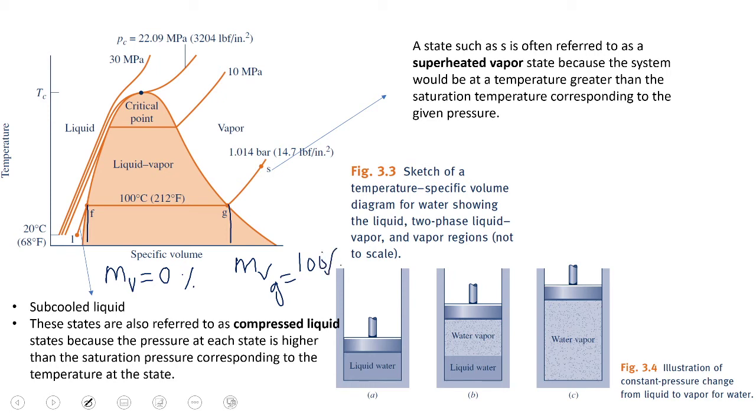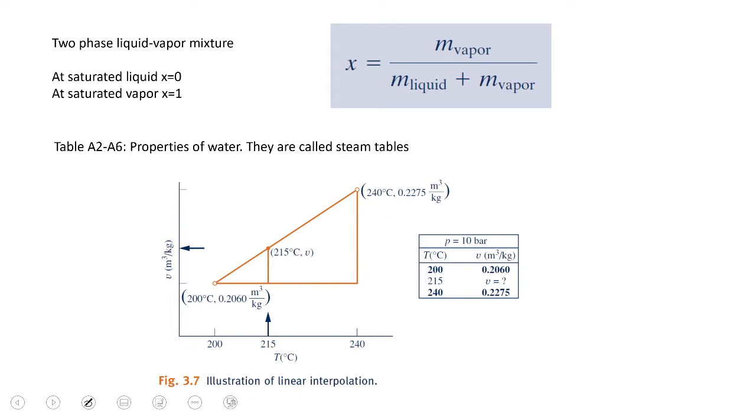That is, we are changing from liquid to vapor. Between these 2 points we have a thing called quality.